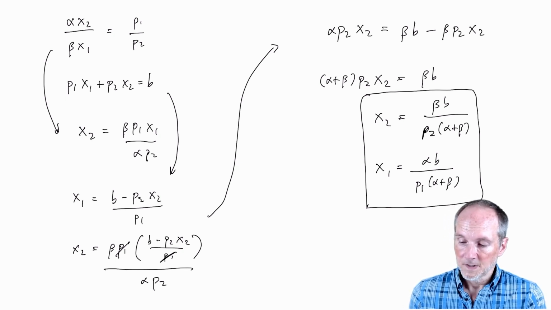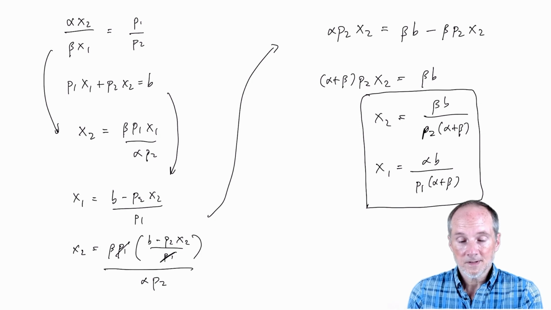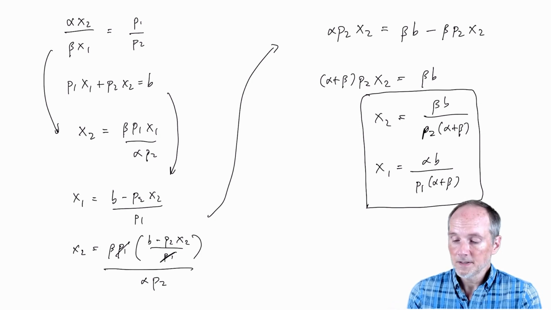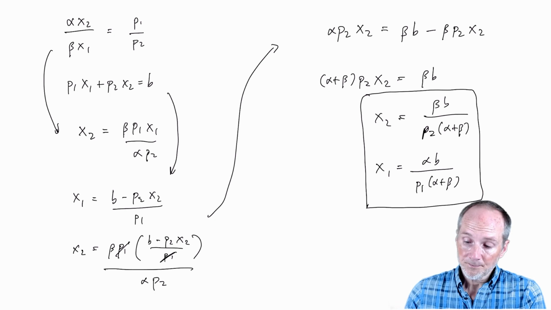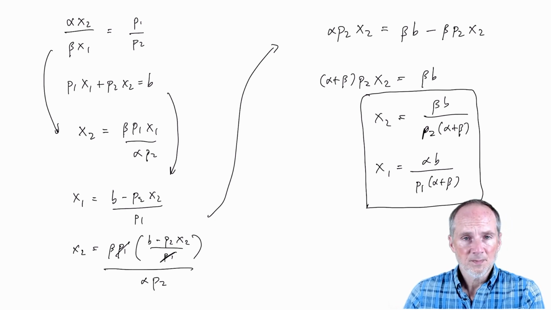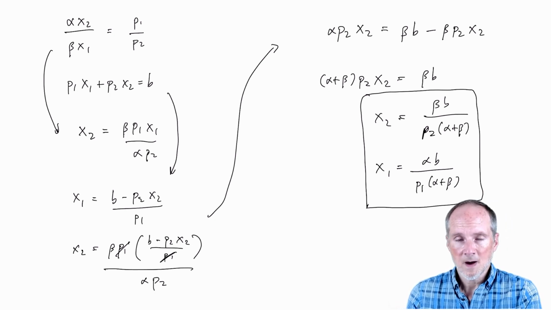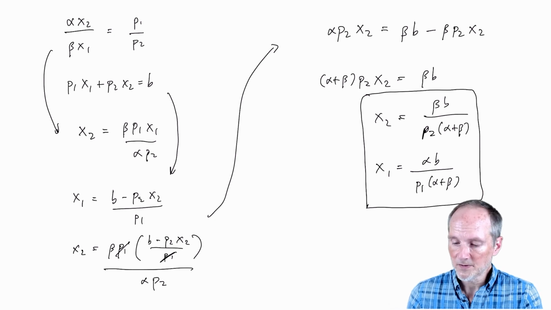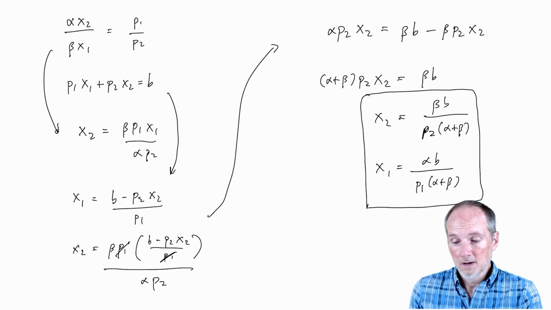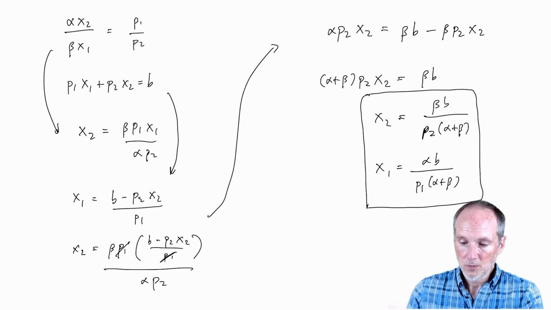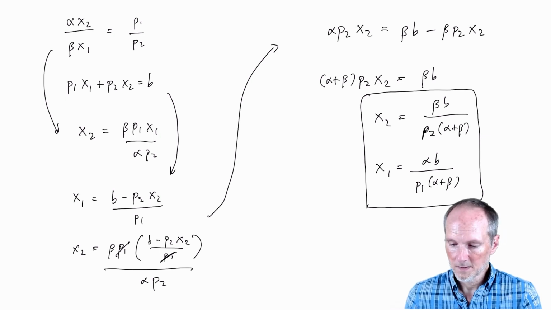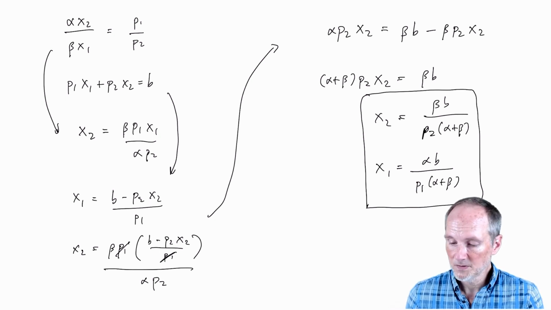There's a lot of structure here because we're assuming Cobb-Douglas utility. On the other hand, with these parameters, we can play around with things and see how the optimal choice varies with the parameters. Now, of course, we have two components to the optimal choice.